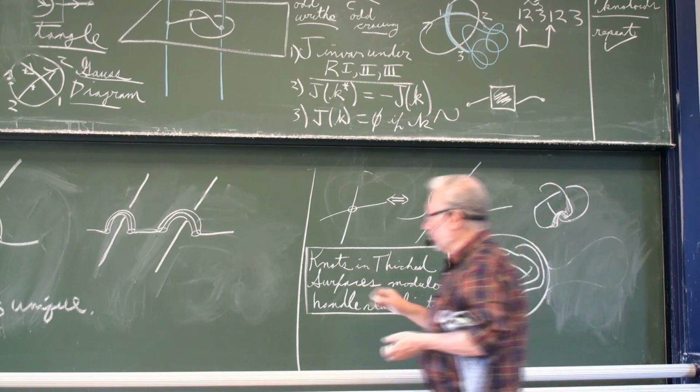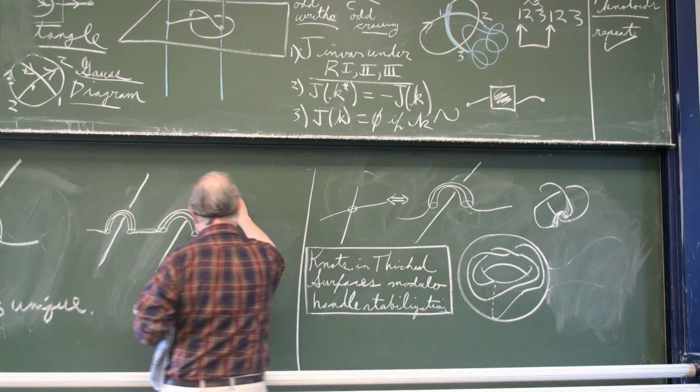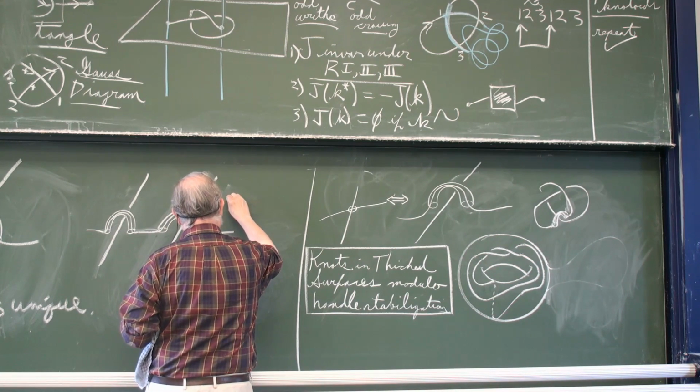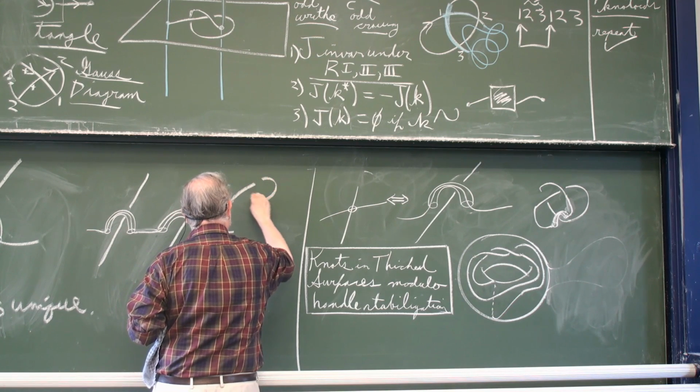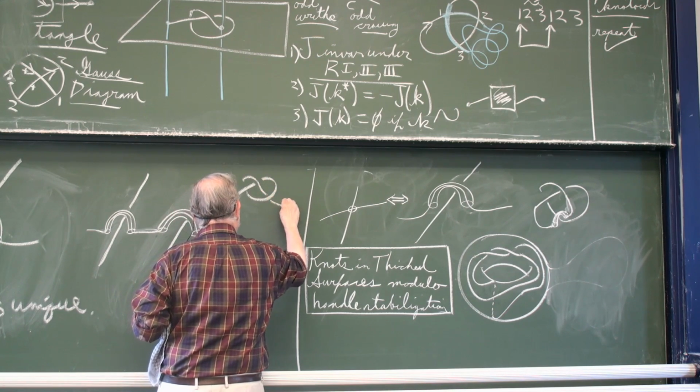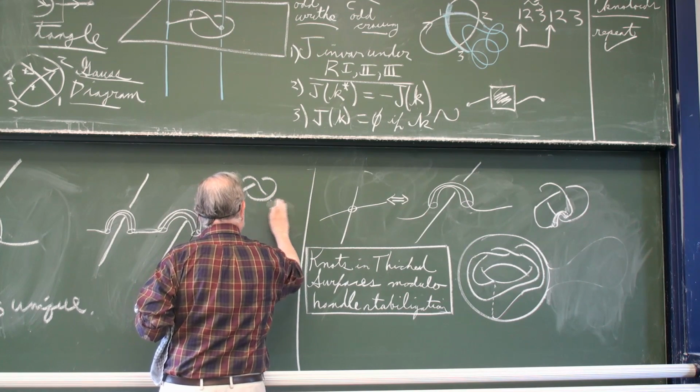And why do I mention virtual knot theory? Well, for a number of reasons, but in terms of knotoids, the reason is this: if I have a knotoid, I keep wanting to draw a classical one.